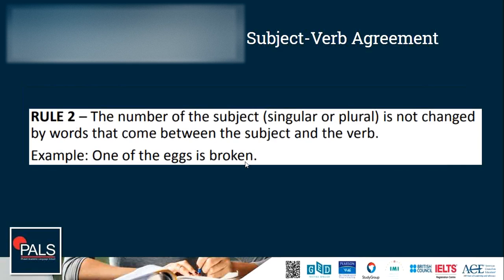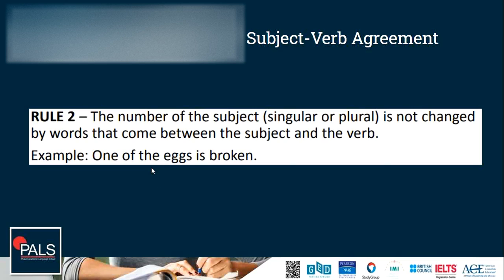Okay, rule number 2: the number of the subject, singular or plural, is not changed by words that come between the subject and the verb. Let's take a look at this one. "One of the eggs is broken." We see here "of the eggs," which is a prepositional phrase.